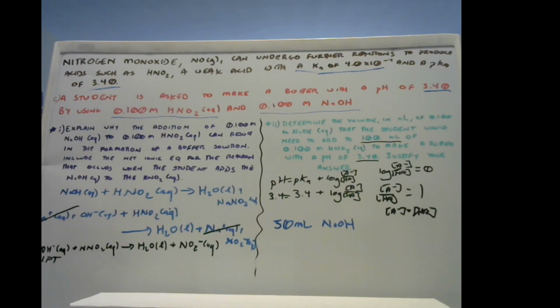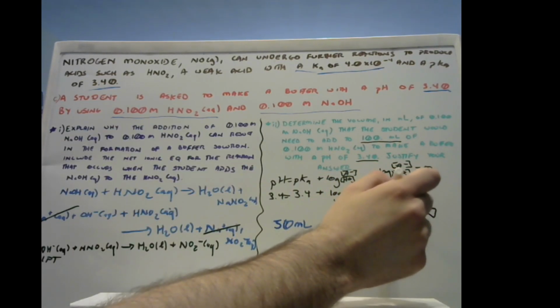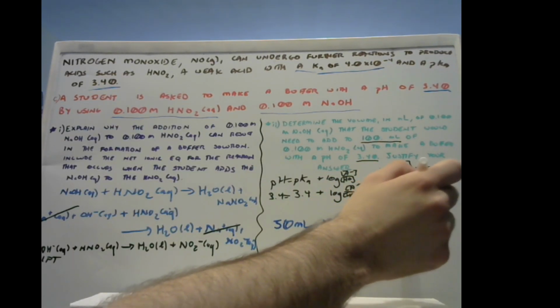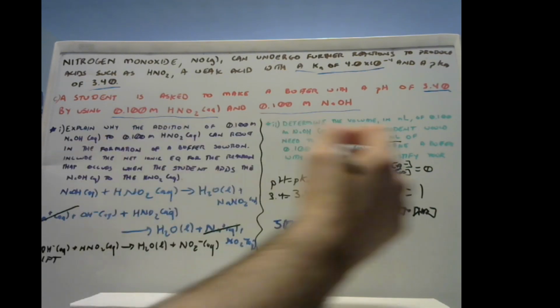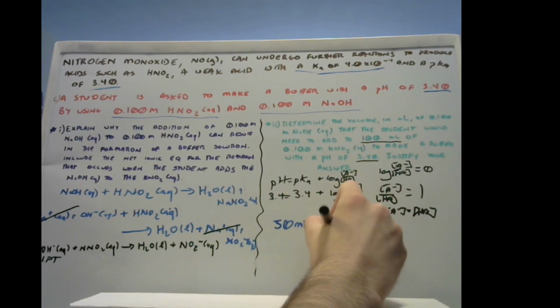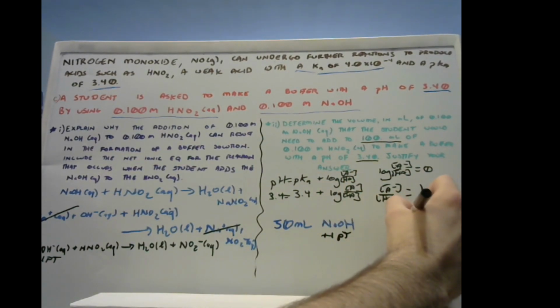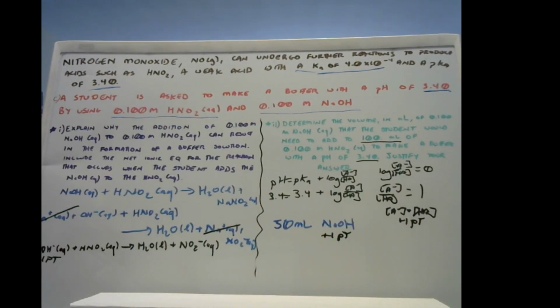You don't need to do a calculation, you just need to explain, and you need to indicate that there's a 1-to-1 ratio of your weak acid and your conjugate base. This was worth 2 points. 1 point for your indication of the correct volume, and 1 point for the relation that these should be a 1-to-1 ratio.